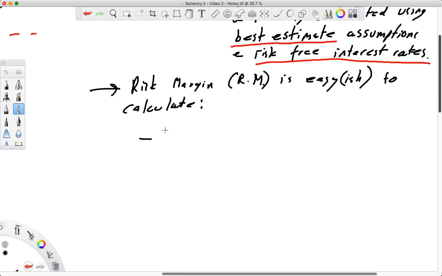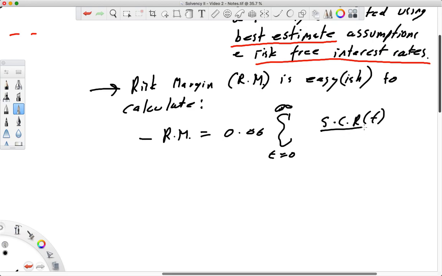So here we get a formula. So the risk margin is equal to 0.06 times the sum, it's a bad sum sign, from t equals 0 up to infinity, the solvency capital requirement at all times t over 1 plus risk-free rate t plus 1 to the power t plus F1.